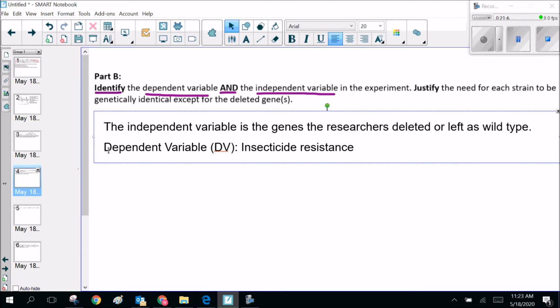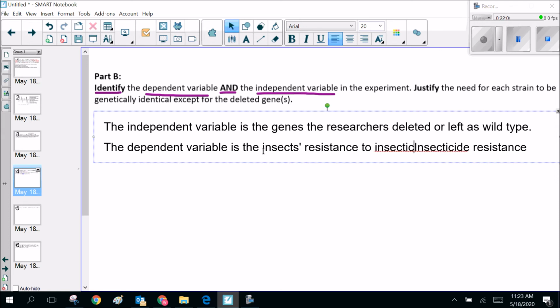And then I can go ahead and say the dependent variable, which I don't really think they would care if you left them capitalized, but whatever. The dependent variable is the insect's resistance to insecticide. I want you to be careful here.